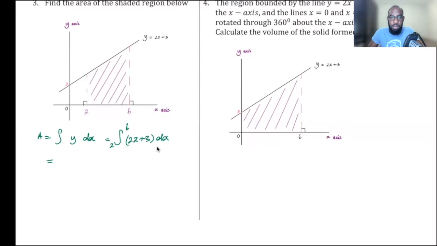Continuing, when you integrate this, we get 2x squared divided by 2 plus 3x. And instead of writing c, we have limits, so we have x equals 6 and 2.